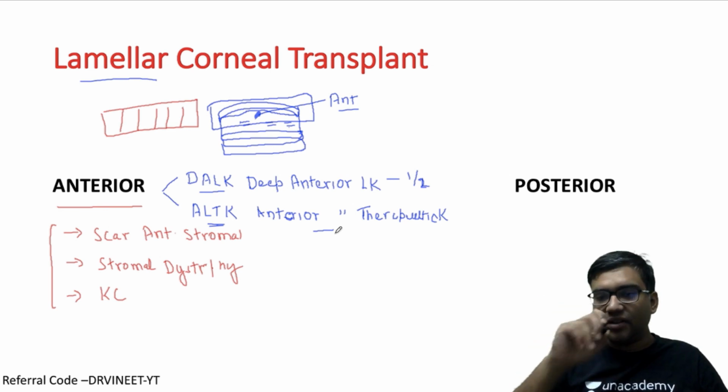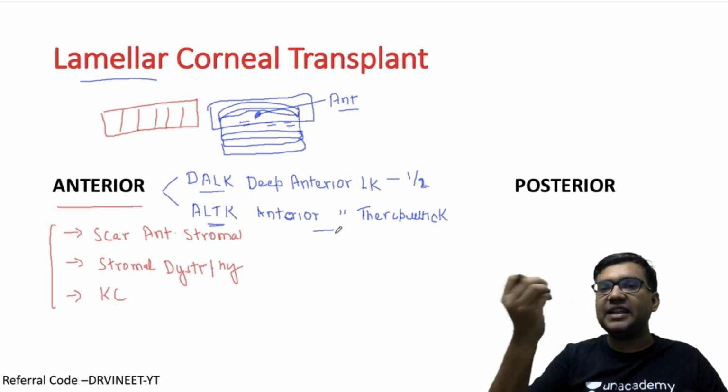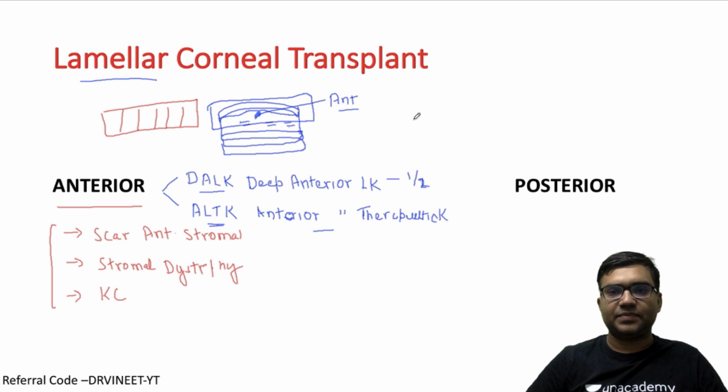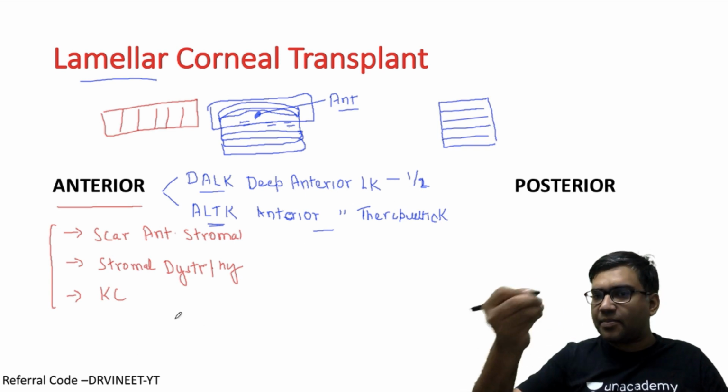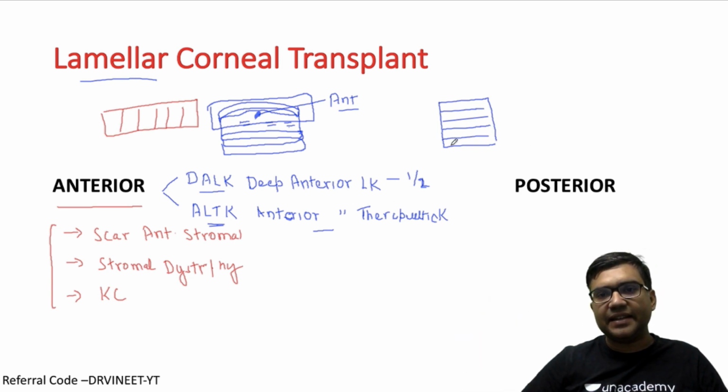Okay, then we come to the posterior lamellar corneal transplant. So let's say we have the various layers of cornea, and here our pathology is there in the endothelium or in the Descemet membrane.